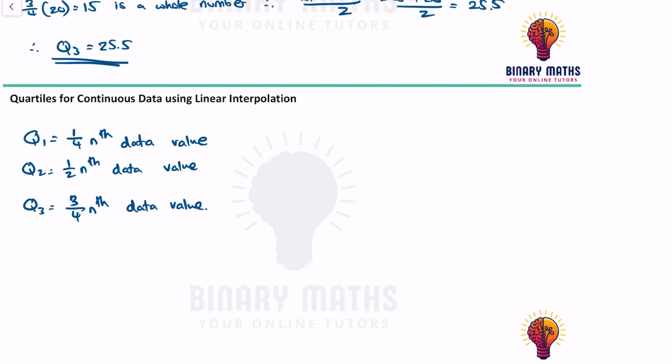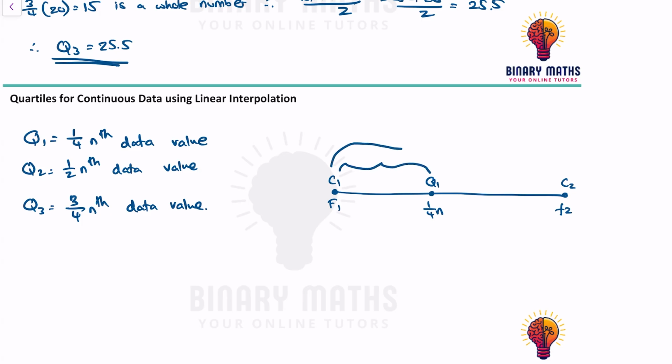So linear interpolation relies on the fact that, for example, I'm just going to show you a quick example. If Q1, which is the quarter nth value, lies between two frequencies, let's call them frequency 1 and frequency 2, and this lies between two class intervals, class 1 and class 2, then the spaces between these will be proportional.